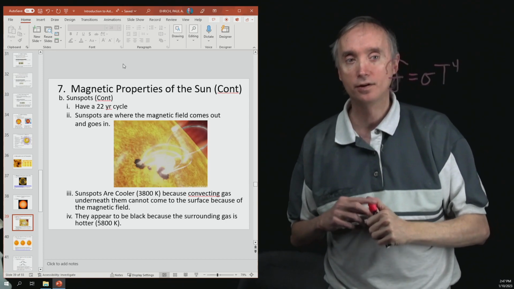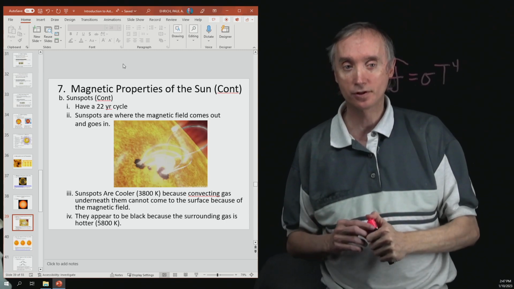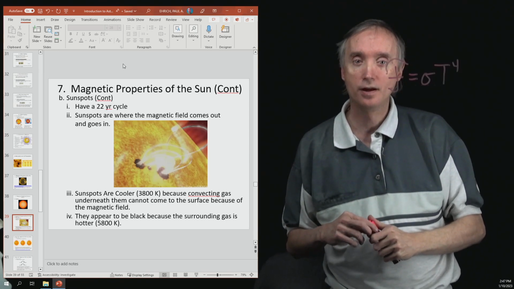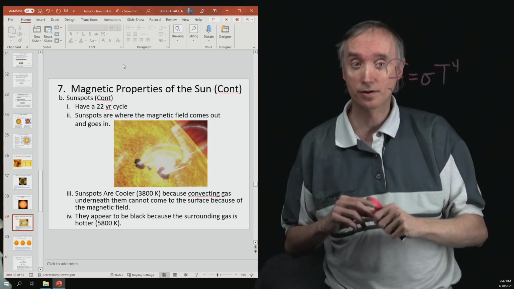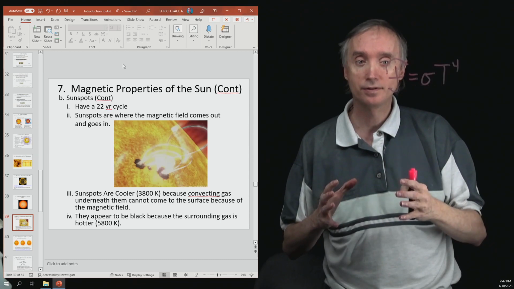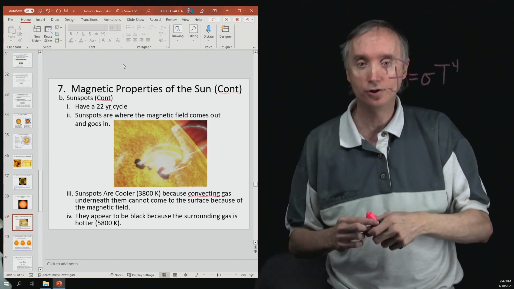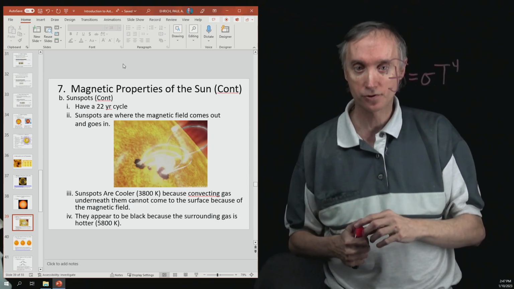So the greater the temperature, the brighter an object is going to be. These things are at a temperature of 3,800 Kelvin, so they're so hot that they would produce a blinding light that you could not look at. It'd be like trying to look into a welder's torch.